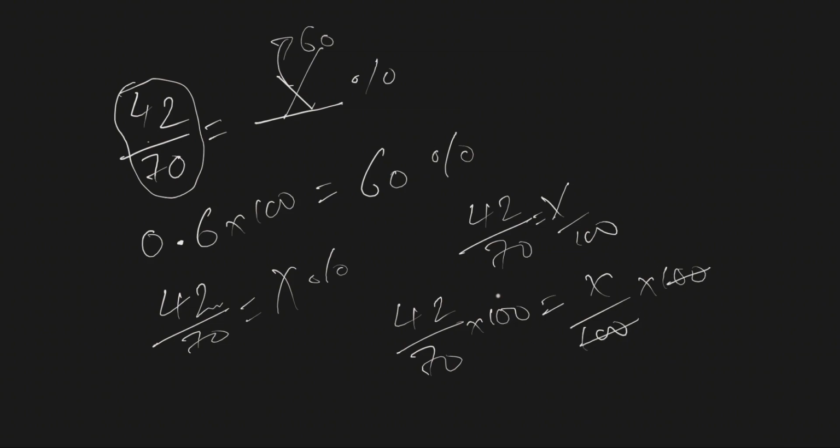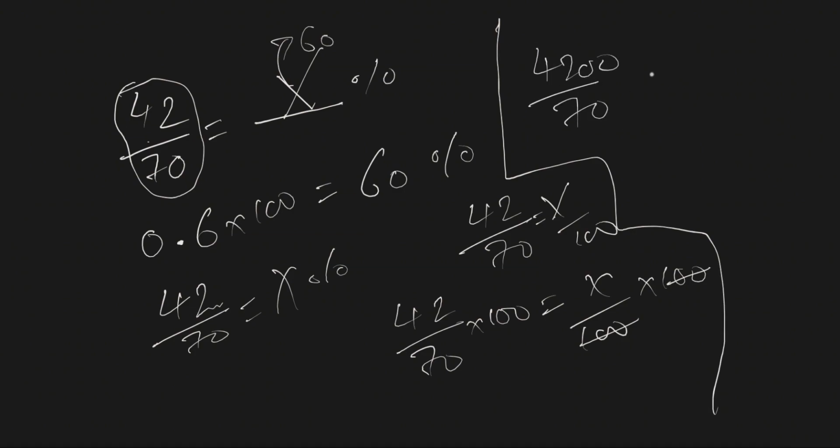I'm running out of space, so let's use this area. We get 4200 divided by 70 equals X. And then if we divide this, we get 60 equals X. So X is nothing but 60. In other words, 42 over 70 in percent terms is 60%.